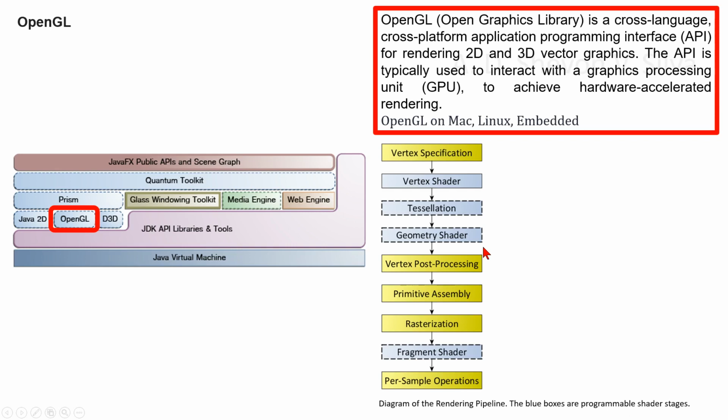Vertex post-processing. After the shader based vertex processing, vertices undergo a number of fixed function processing steps. Transform feedback. The output of the geometry shader or primitive assembly is written to a series of buffer objects that have been set up for this purpose.